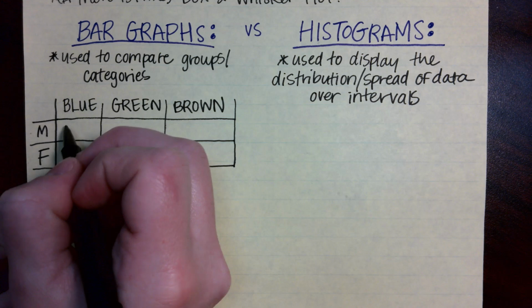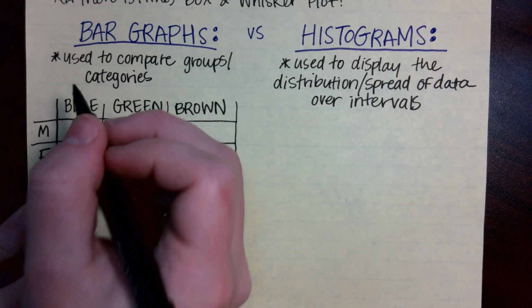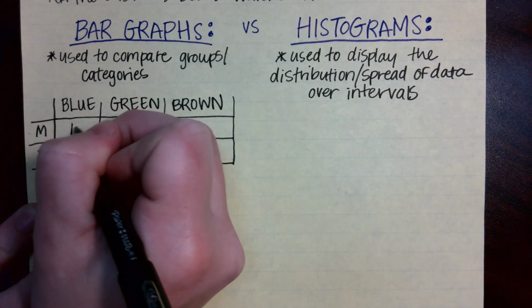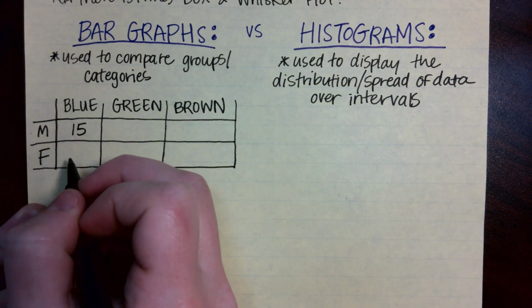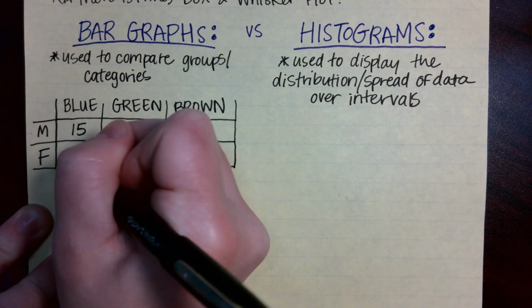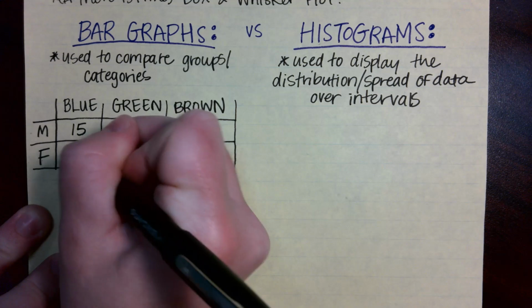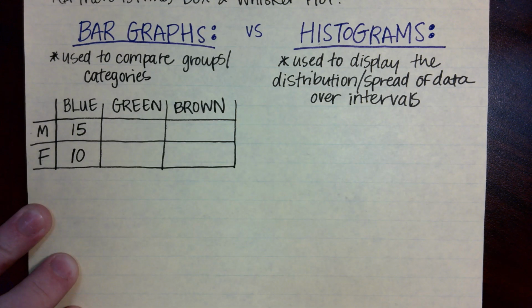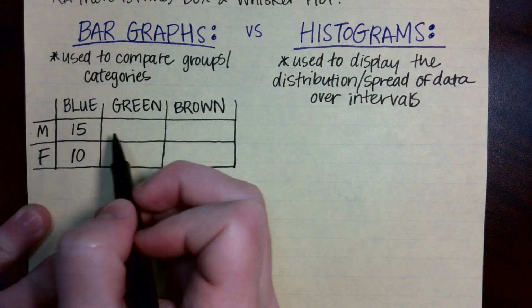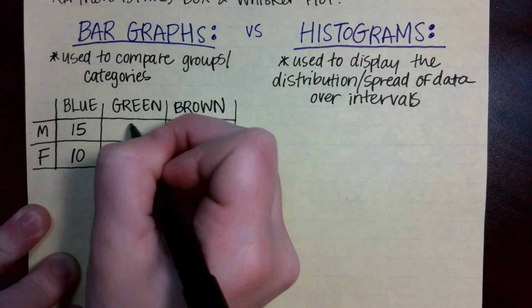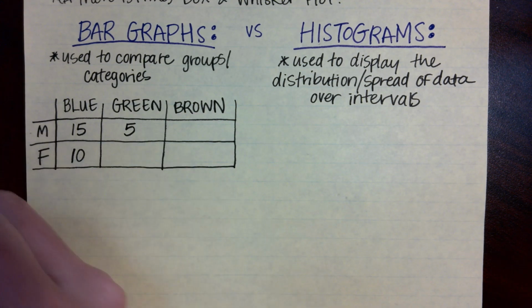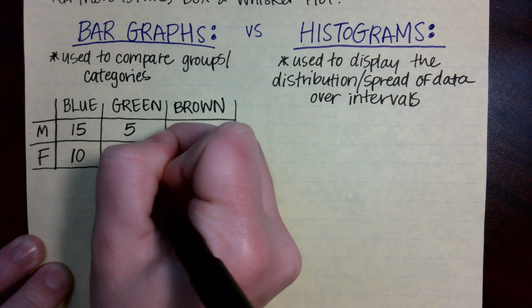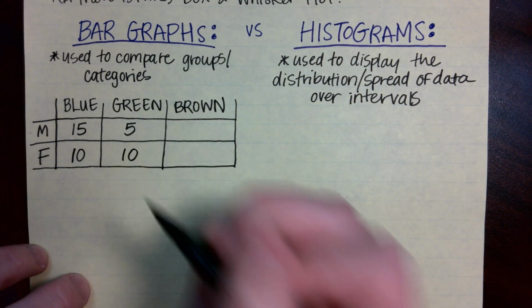So male blue eyes, we're going to have 15. And female blue eyes, we're going to have 10. Male green eyes will have 5. And then female green eyes, we're going to have 10 again.